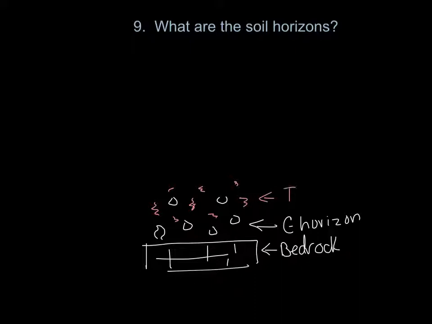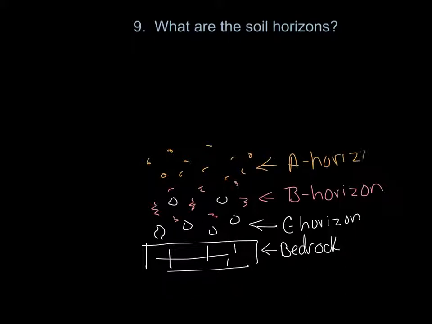And this is the B horizon. And then we have fine particles of soil. And this fine particle is called the A horizon, or the topsoil. The B horizon is known as the subsoil.